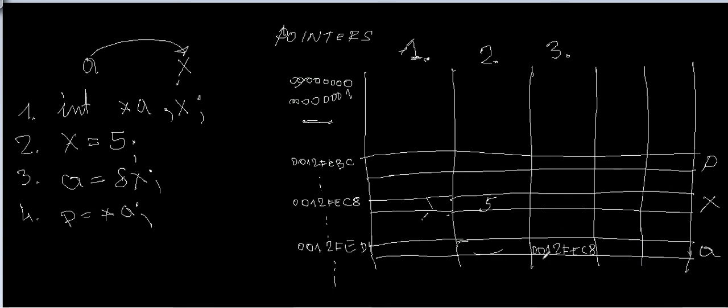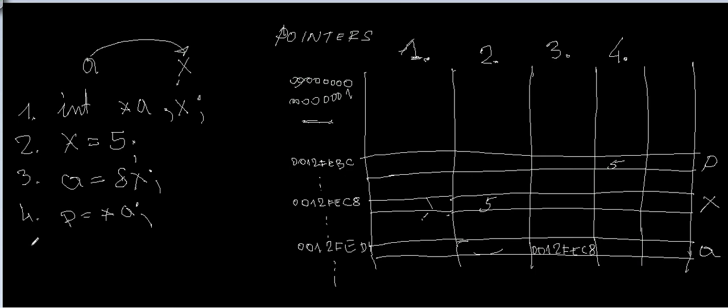So address a is equal to 0012FEC8. It is this address, and the value in this address is 5. So p is equal to 5. So in p we can now write 5. This was line number 4.